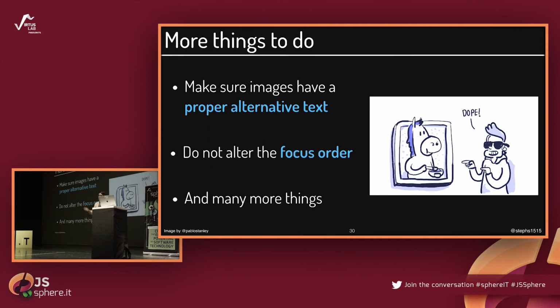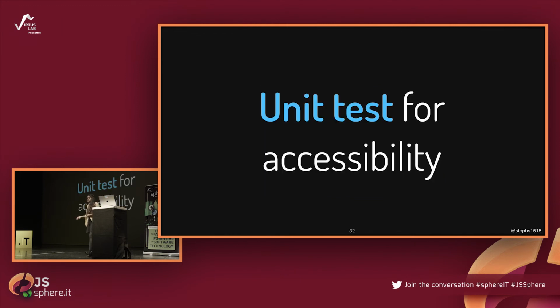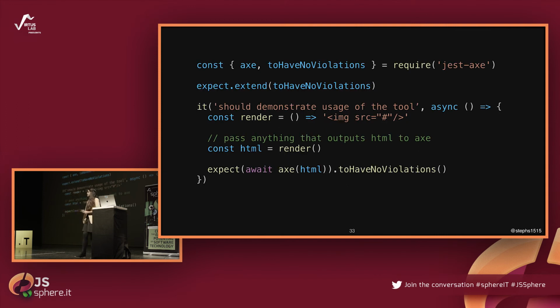And then we already have our designs, we develop them, and then we test them, hopefully. At this stage, there are also many things that we can do. One of them is unit testing for accessibility. So this is jest-axe, which is using Jest and axe, kind of obvious, but you don't need to read it.